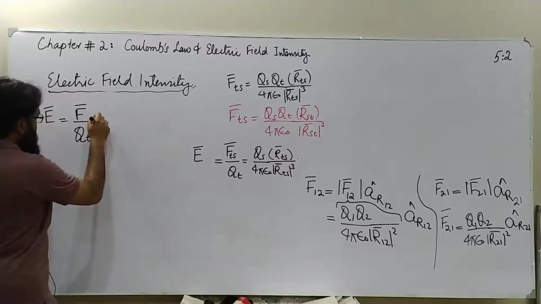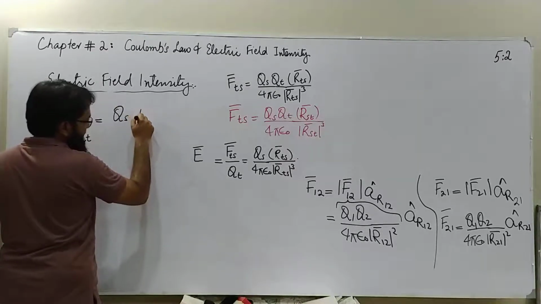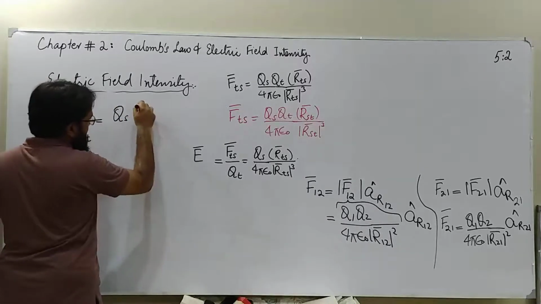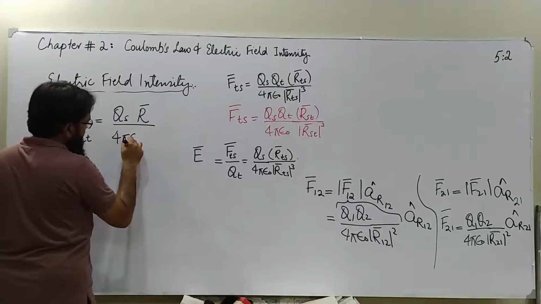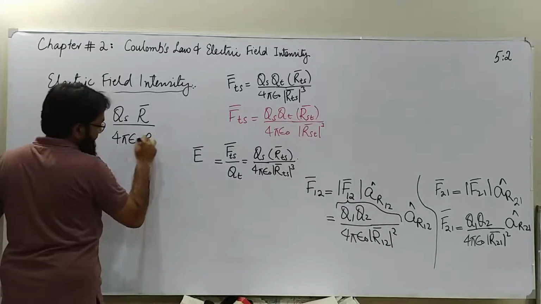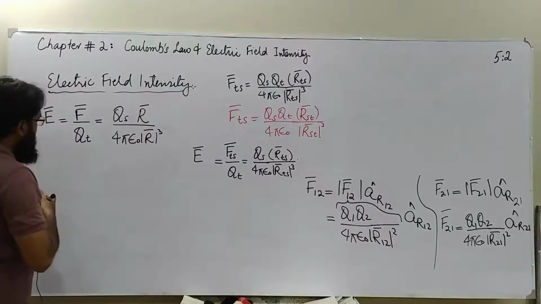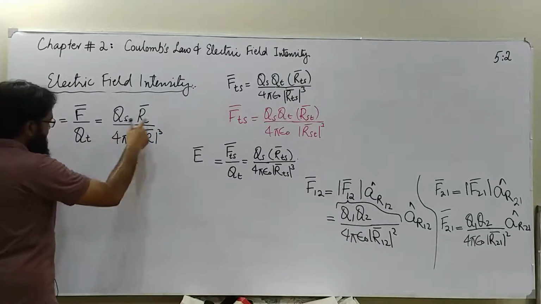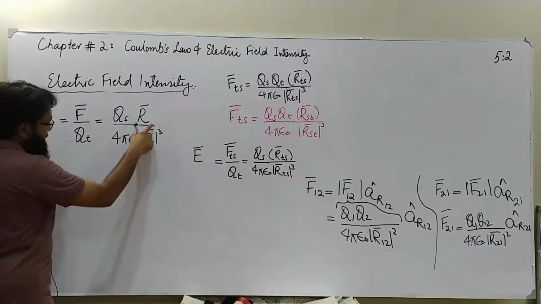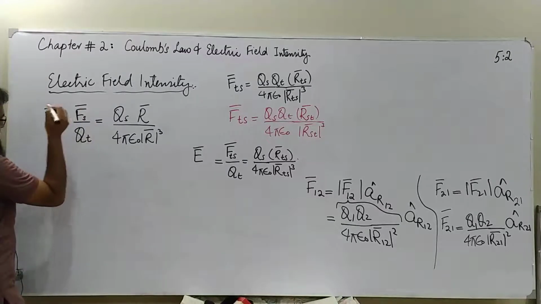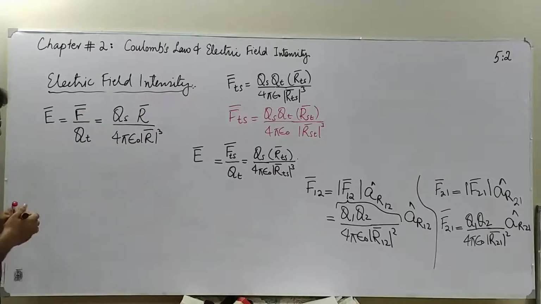On the right hand side, it is nothing but Q_S into R divided by 4 pi epsilon naught R cubed. Notice that I have just gotten rid of the subscripts associated with the source. I can write it as source, but I'm not going to write it here.